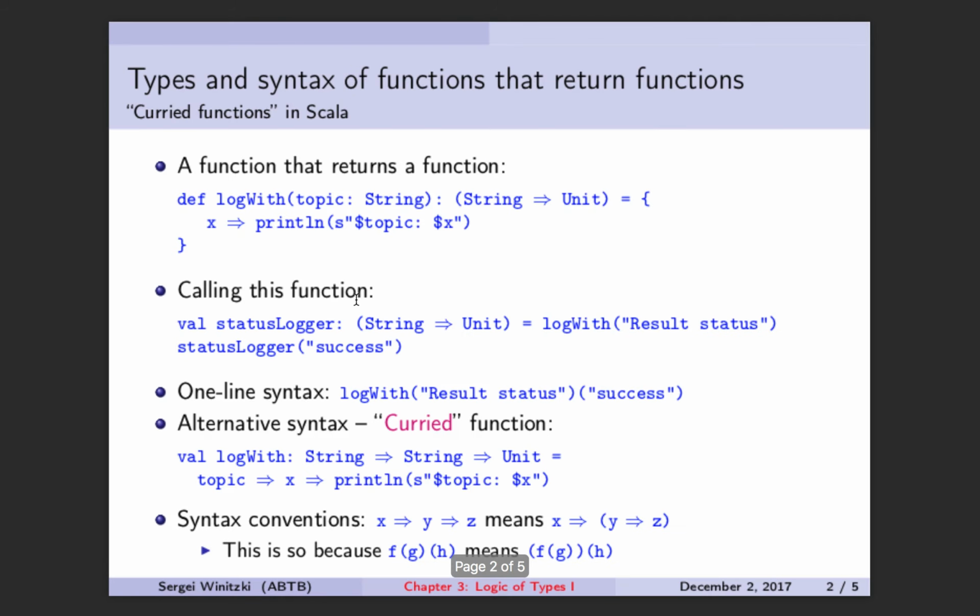To begin, we consider functions that return functions. What do these functions look like as an example? And I show why the functions must logically look like this, like functions that are applied to 2 sets of arguments.